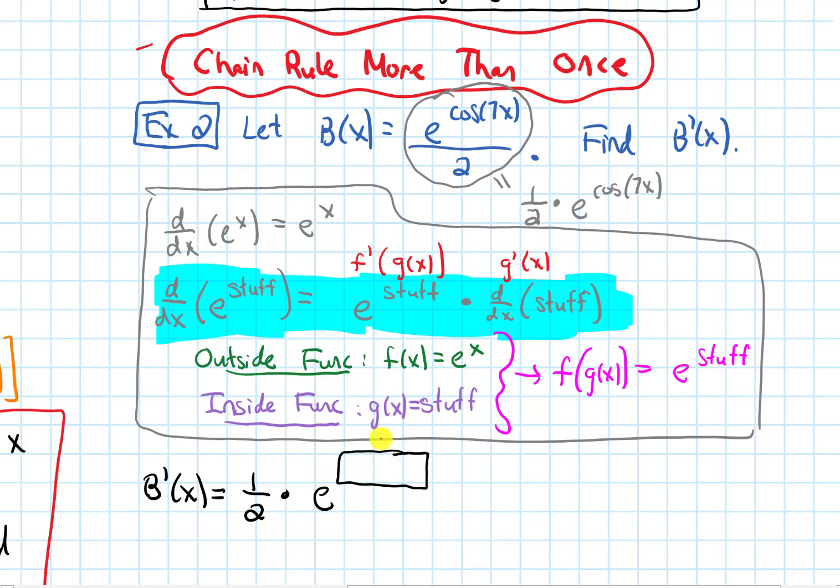Okay, but instead of writing x, I have to write g of x. I have to write that inside function, which in this case is cosine of 7x. And then the chain rule says, okay, well then multiply by the derivative of the stuff, the derivative of cosine 7x. So in other words, I used e to the stuff times the derivative of that stuff.